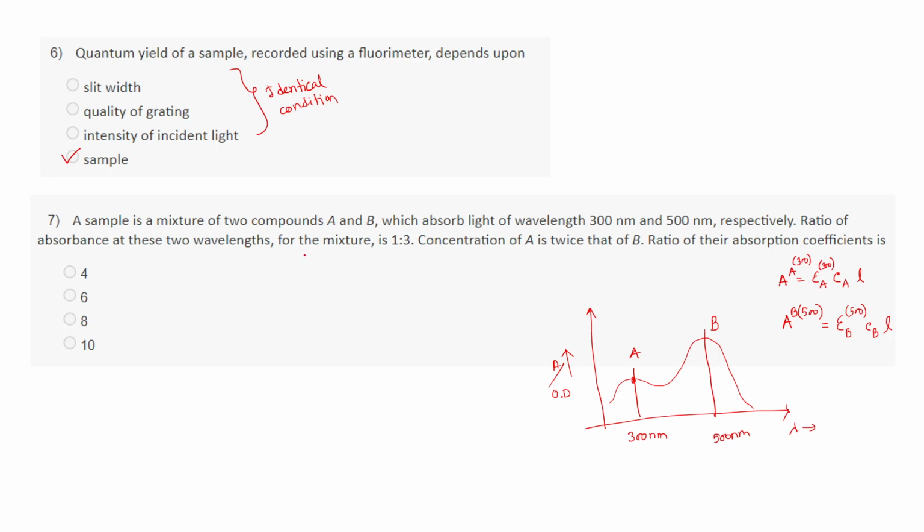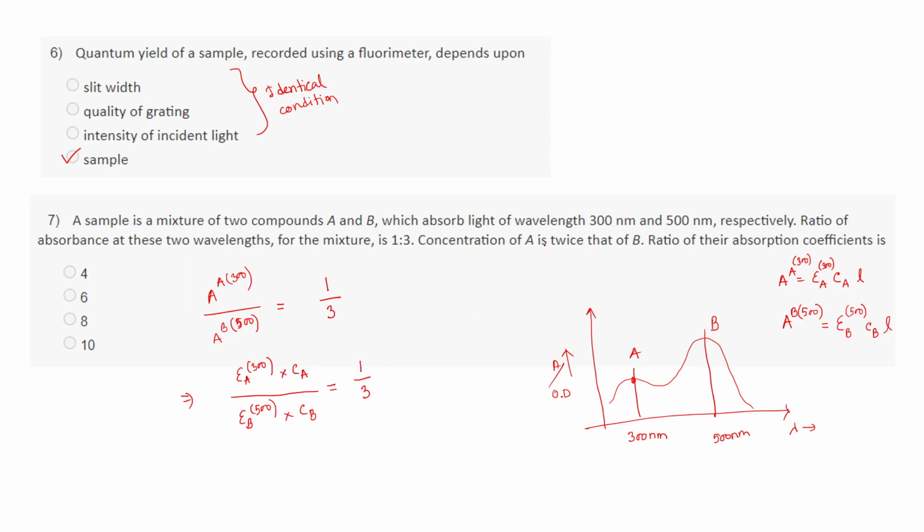What is also given is the ratio of the absorbance of A at 300 by the absorbance of B at 500, which is 1 by 3. What we can write here is epsilon A at 300 nanometer into C of A, cutting the L from both sides because that is the same, over epsilon B at 500 and C of B, equal to 1 by 3.